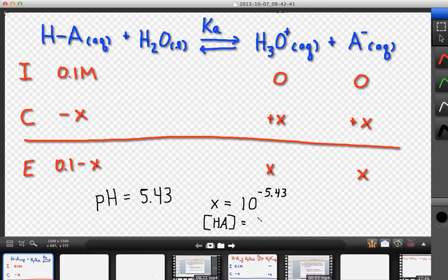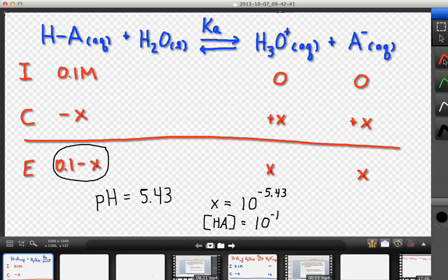So if we're justified in ignoring the contribution that X brings to this equilibrium expression with respect to the equilibrium concentration of HA, then X should be much smaller than HA.